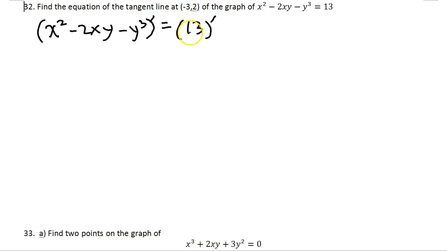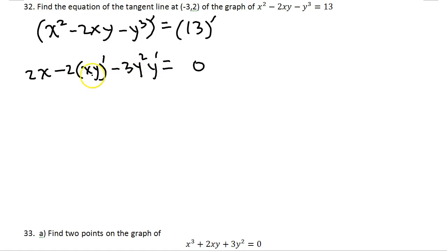Differentiate this, differentiate 13. 13 is a constant, so if you differentiate, you're going to get 0. Whereas x squared differentiates to 2x. For xy, you need the product rule, so let's write it like this for the moment. And y cubed, that's chain rule, 3y squared, and then y pulls out, and you have to do y prime.